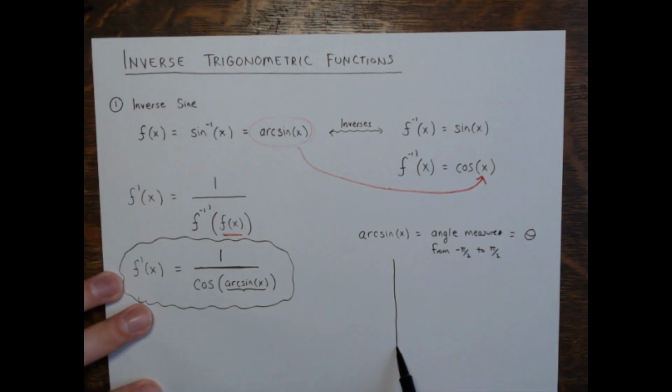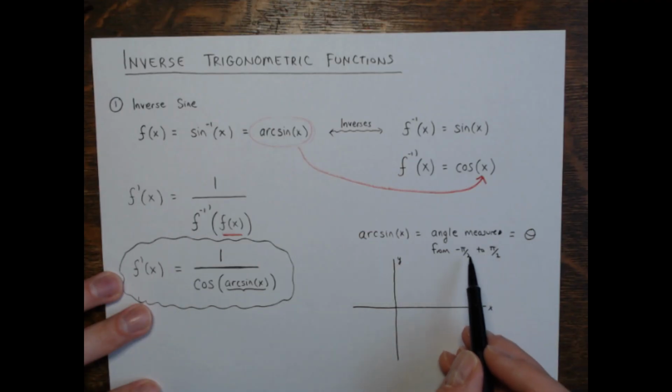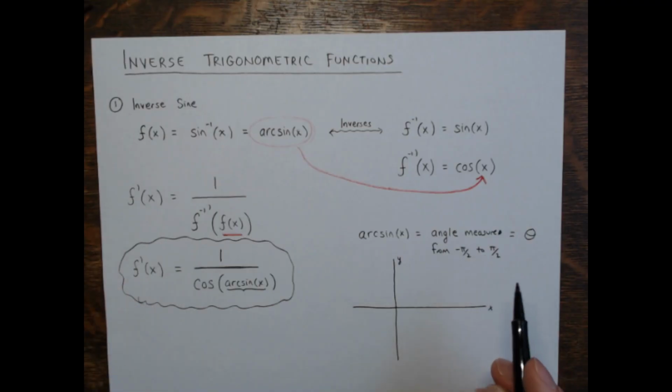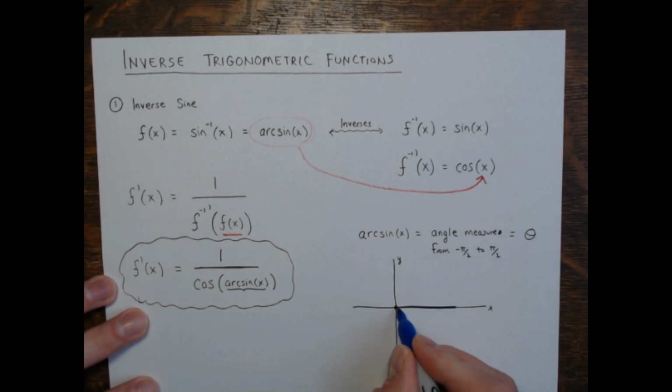And I'll go to the xy plane here, and we'll draw an angle between negative pi over 2 and pi over 2, in standard position. So starting at the origin here with the positive x-axis.